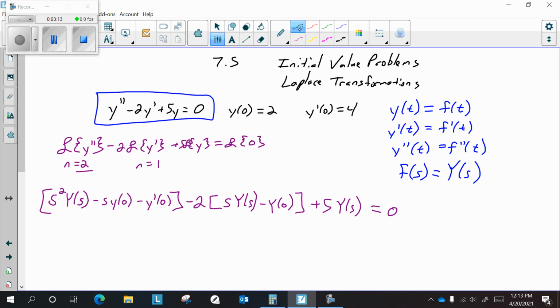So let's substitute in for our y of 0 and y prime of 0. So we have s squared Y of s minus s times y of 0, which is 2, so minus 2s. Y prime is 4, minus 2 times s Y of s, minus y of 0, which is 2, plus 5 times Y of s.